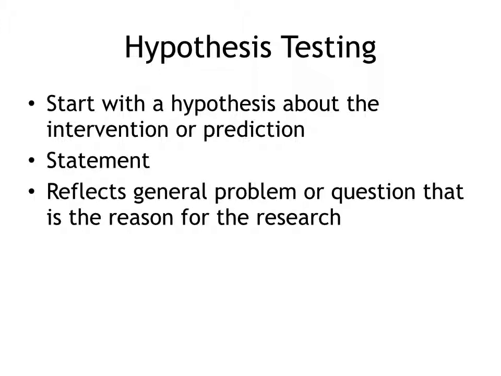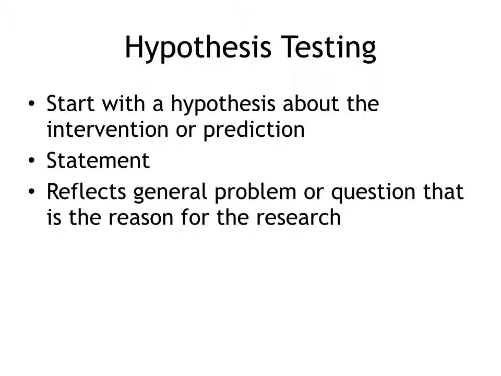What we do is we start with the hypothesis about the intervention or the prediction. This is a statement, and it should be connected to the general problem or the question that's the reason for the research. So I make a prediction about the intervention, basically. I say that if students get an hour's exercise a day, their math scores are going to go up.